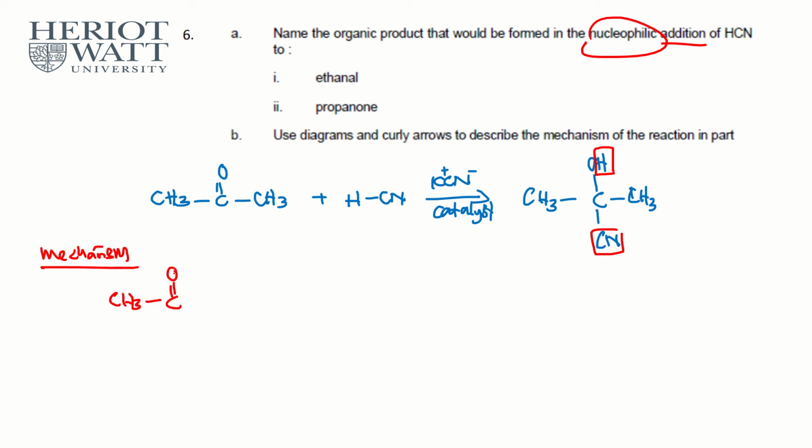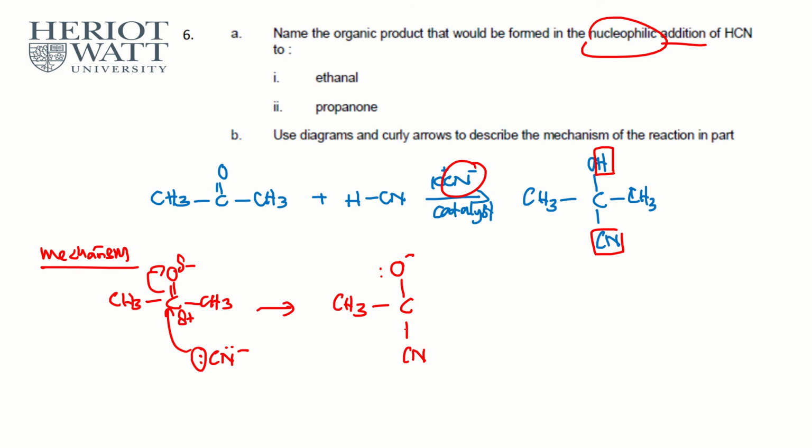CH3, C double bond O with CH3 again. And remember, the nucleophile is actually from the catalyst, CN-, with its lone pair. The C lone pair attacks this delta positive, delta negative, and the bond breaks. So more or less the same as the reduction just now. C-O negative with lone pairs, CN attached already to it after the attack.